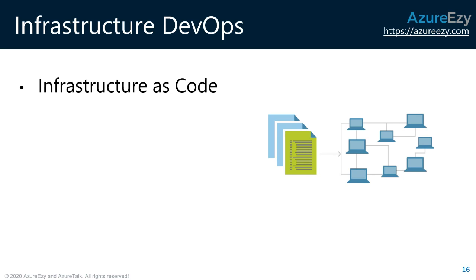Similarly, right now, as you have seen, we create infrastructure using the Portal. You go to the portal, you click on things, and you do this using a graphical user interface.